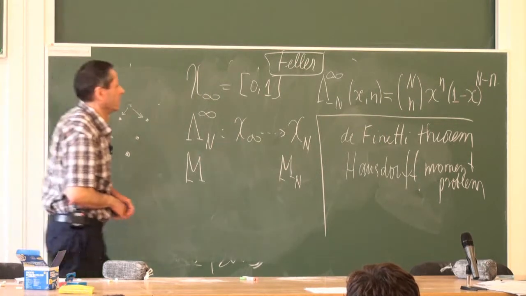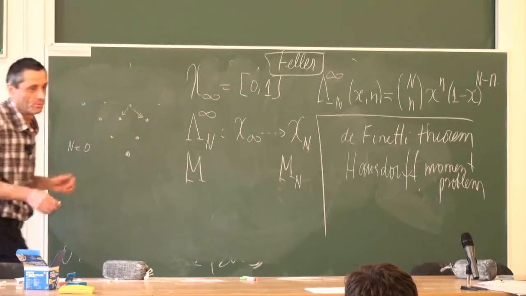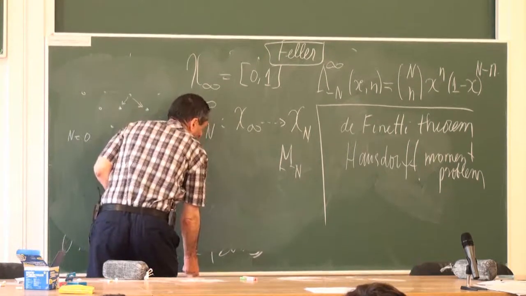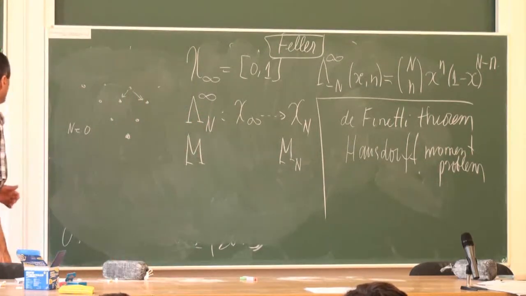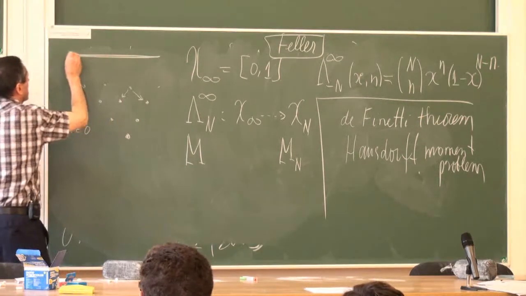Certainly you will find de Finetti and Hausdorff moment problem, and now it's very easy to find all the clues. So this is a simple example. What is interesting here is that we start from discrete spaces, even finite spaces, and we get, as a boundary, a continuous space.